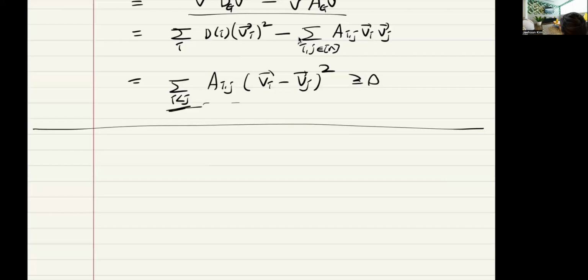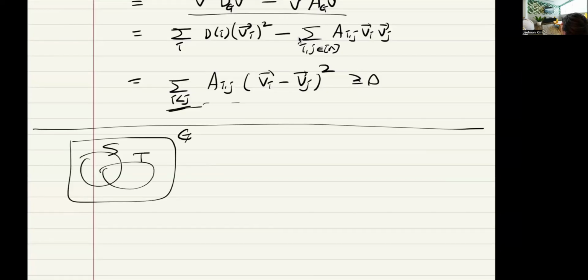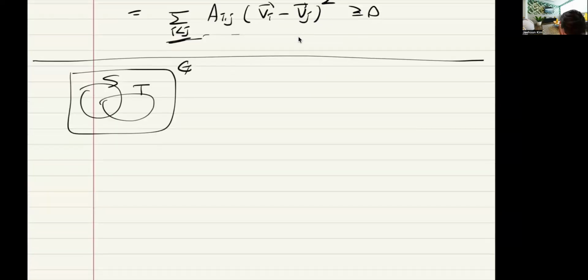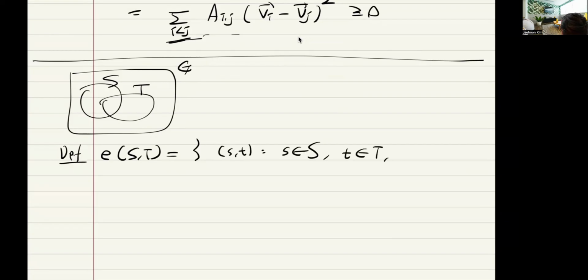When we have a graph G, and then we have vertex sets S and T, which may intersect, we can write E(S,T) as the number of edges between them. Let's write it this way: pairs (s,t) where s is in S and t is in T, and st is in the edge set.